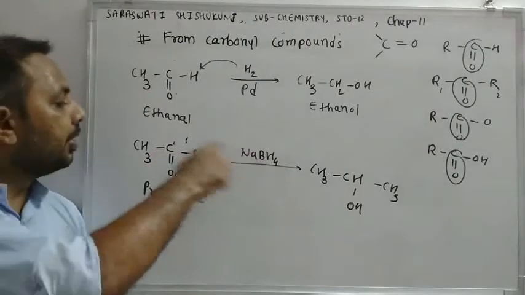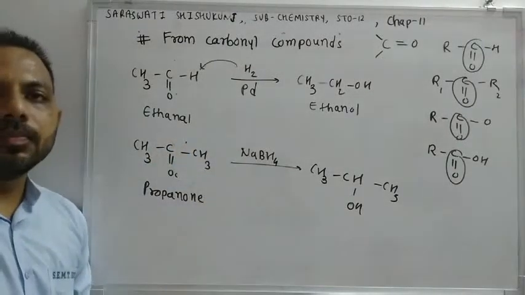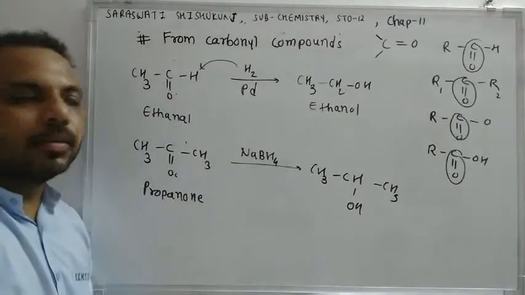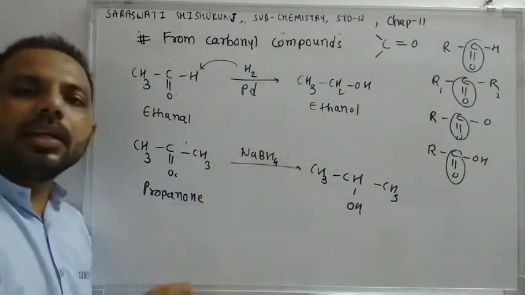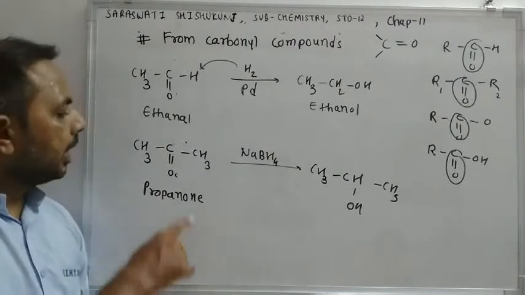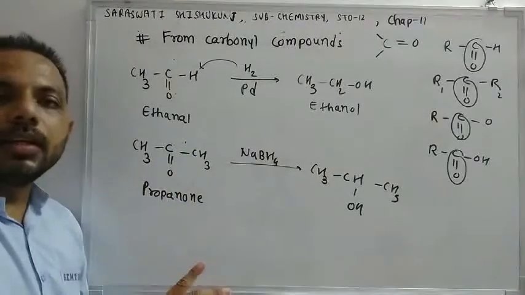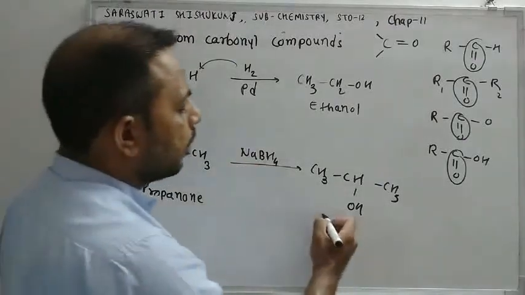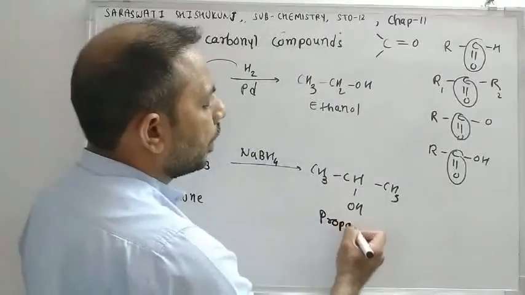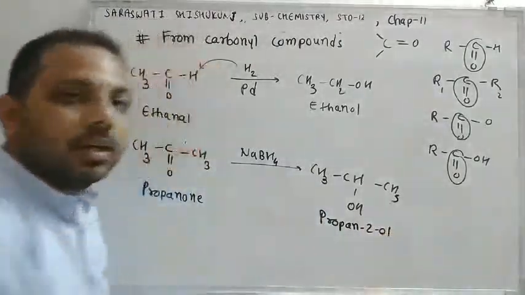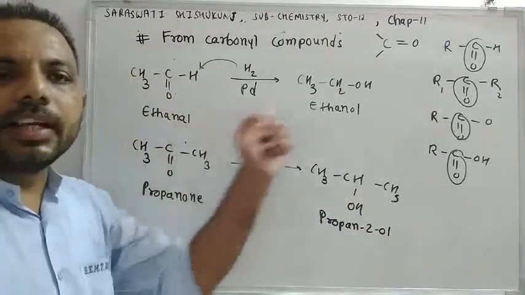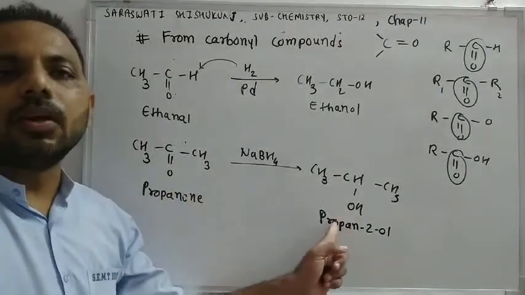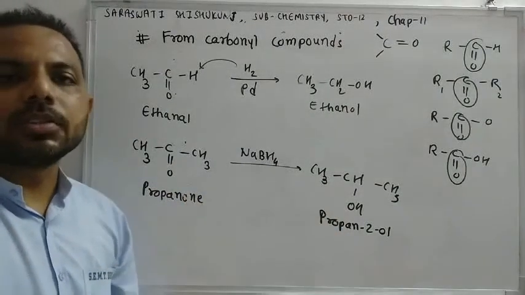But if a ketone is reduced, we get a secondary alcohol. The name of this compound is propan-2-ol. So by the reduction of aldehyde we get primary alcohol, and by the reduction of ketone we get secondary alcohol. Please remember this for short question answers.